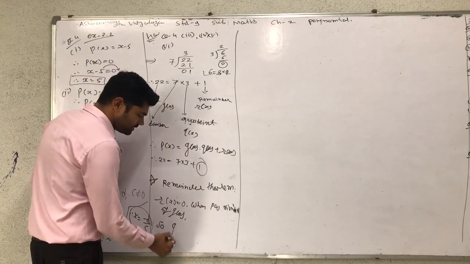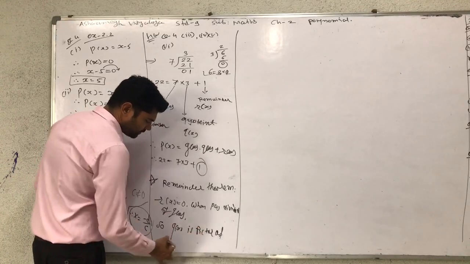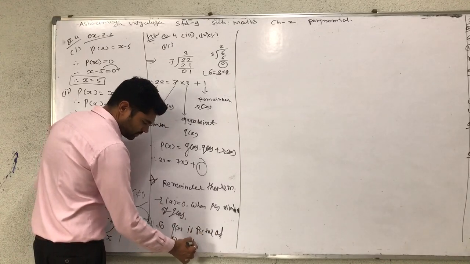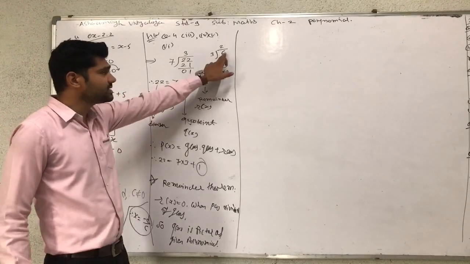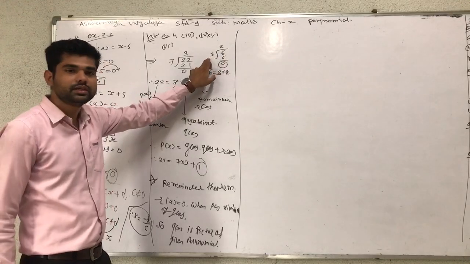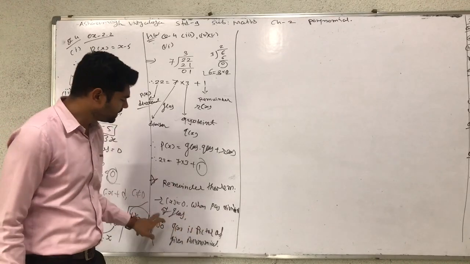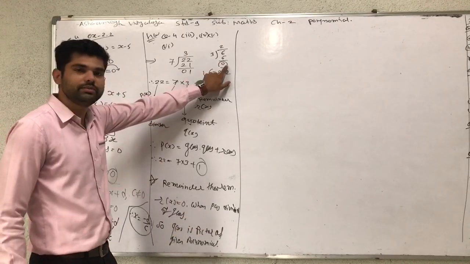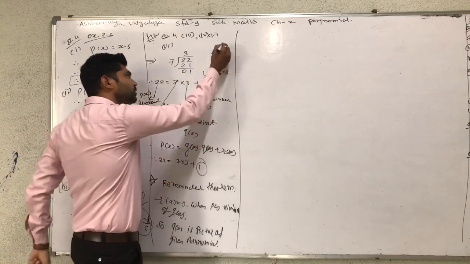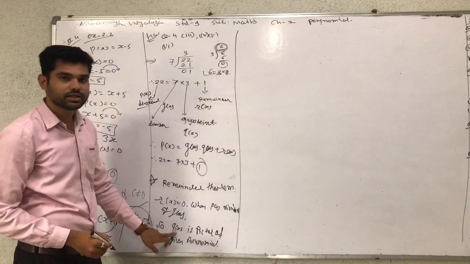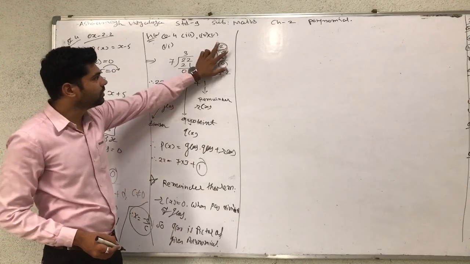So 3 is g of x, a factor of the given number, and 2 is the quotient.